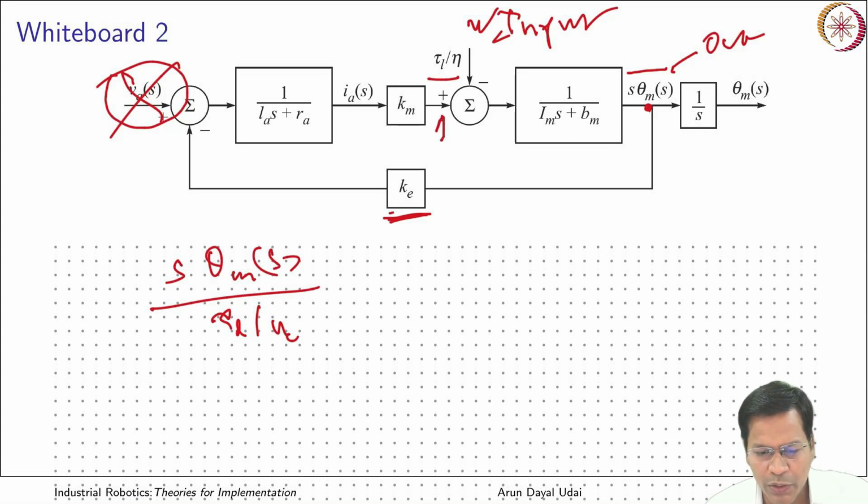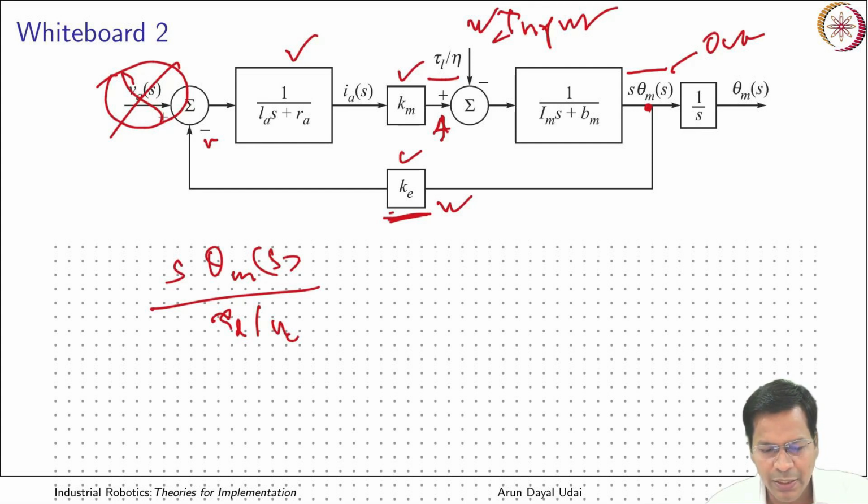Feedback is this time positive. So if you apply 1 by 1 plus G(s)H(s), so H(s) is this. Okay, so that is basically over here it goes with a negative sign. So you have to take the product of this coming to this and this. So the whole of this is in series now.